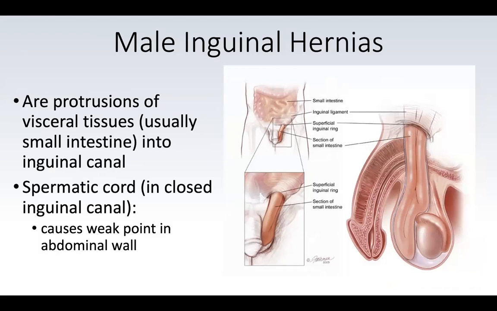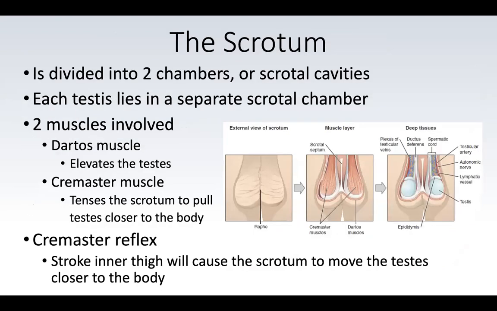In an inguinal hernia, parts of the digestive tract, specifically the intestines, are pushed through this inguinal canal because it is an area of weakness. The reason males are more prone to inguinal hernias is that there's a spermatic cord that needs to penetrate the inguinal canal. Female anatomy does not have this at all.